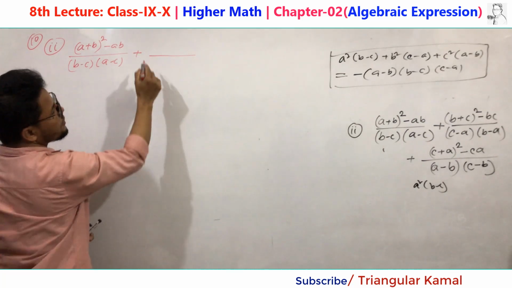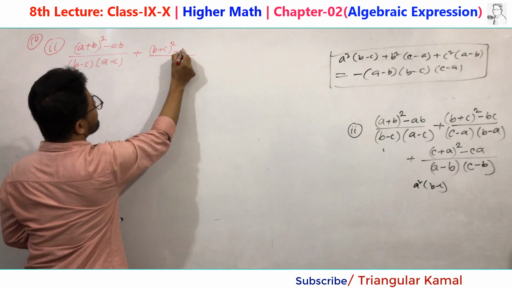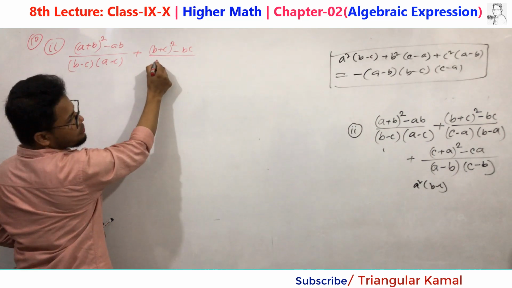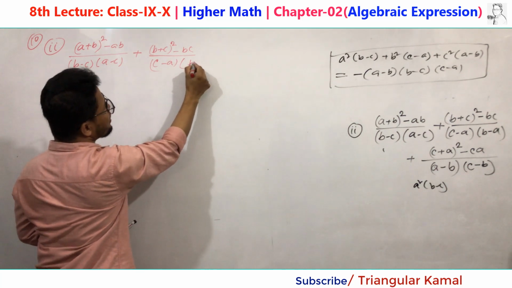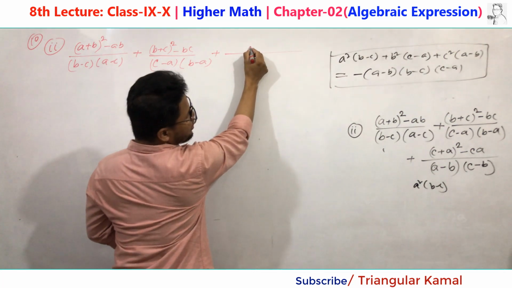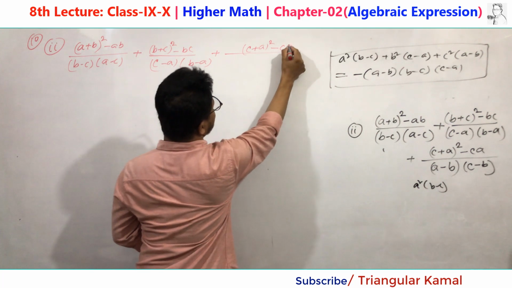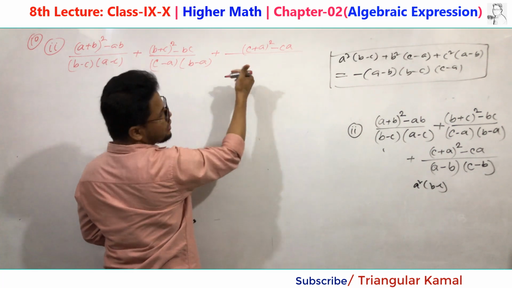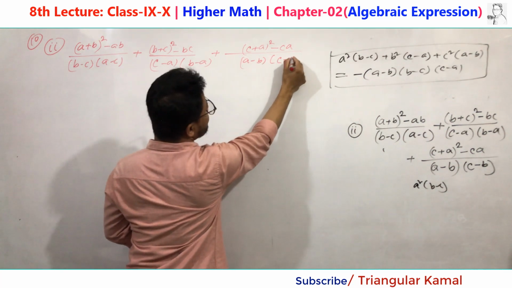Second one is (b plus c) whole square minus bc, divided by (c minus a) and (b minus a). The final one is (c plus a) whole square minus ca, divided by (a minus b) and (c minus b).